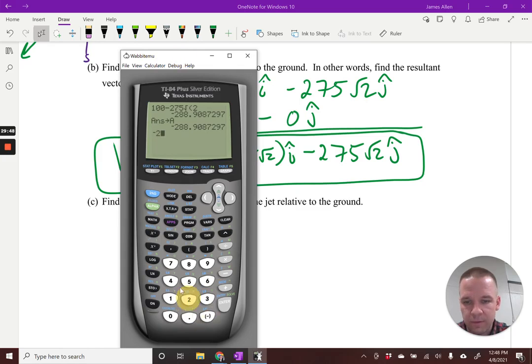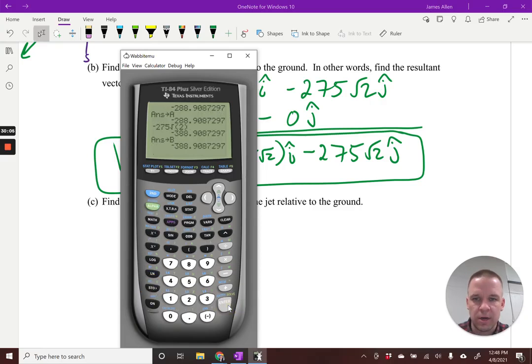So negative 275 root 2. I'll close it this time to be classy. And then I'm going to store that, so store it as B. Nice and organized. Good stuff. I got A and B stored. Love that feature.